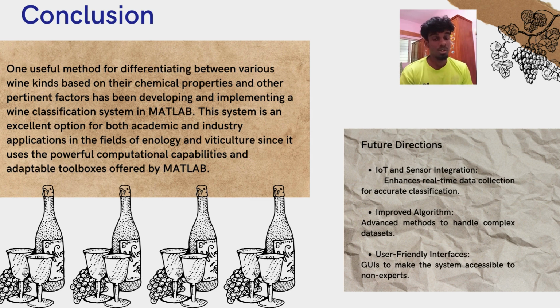Secondly, we can try to improve the algorithm, investigating more sophisticated deep learning and machine learning methods that can handle increasingly complicated datasets and increase classification accuracy. And finally, it should have a user-friendly interface. Creating graphical user interfaces, GUIs, in Matlab can help people with limited programming or data analysis experience to more easily navigate the system. Thank you.